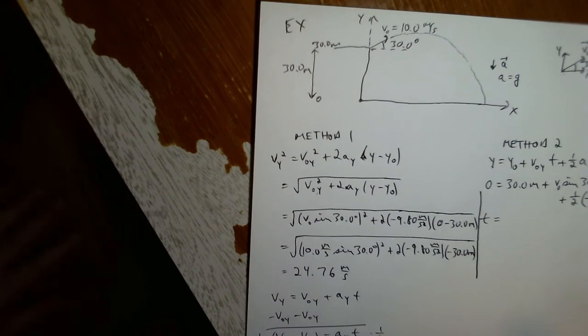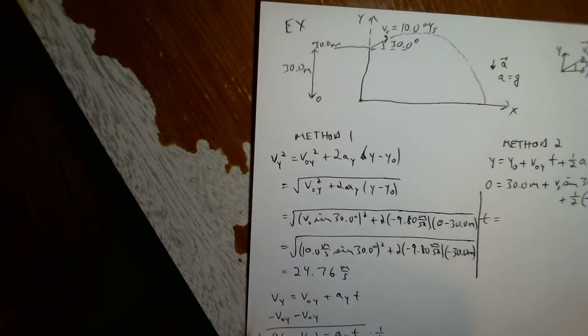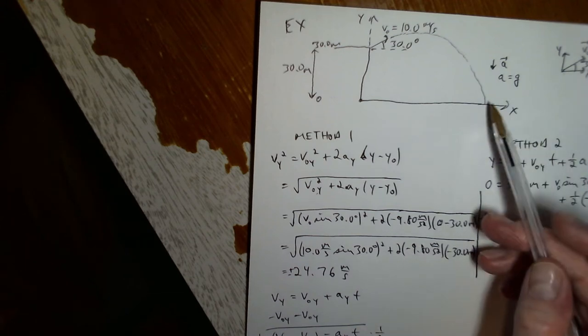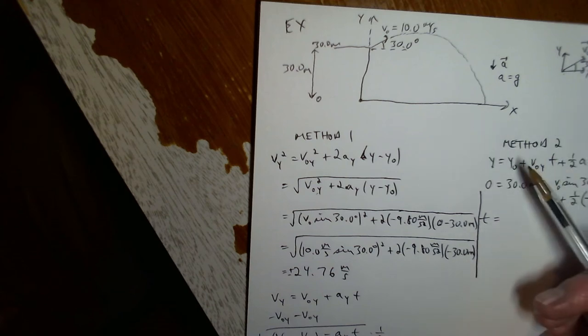Quick point here. Vy squared was equal to all of this. So when I took the square root, Vy was either plus or minus this, right? Because the square root can be either positive or negative. And in fact, Vy is negative because when it hits the ground, it's going down in the minus y direction.